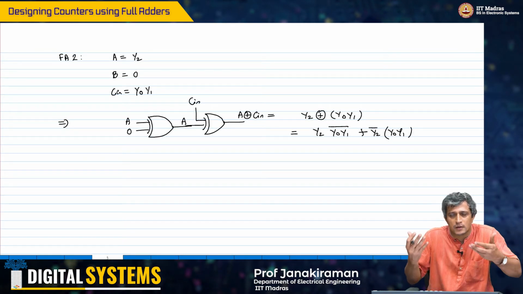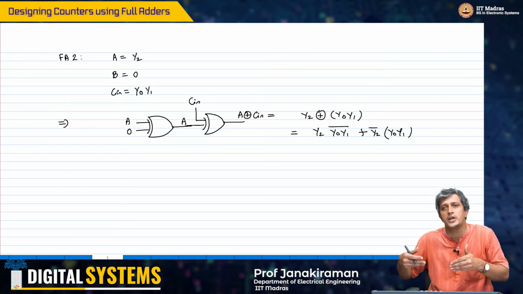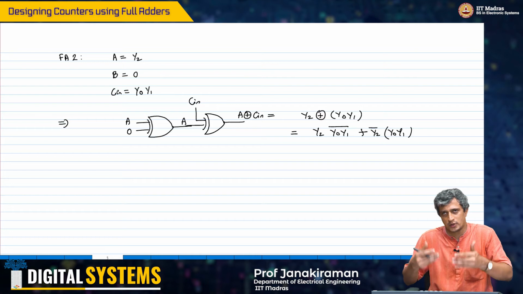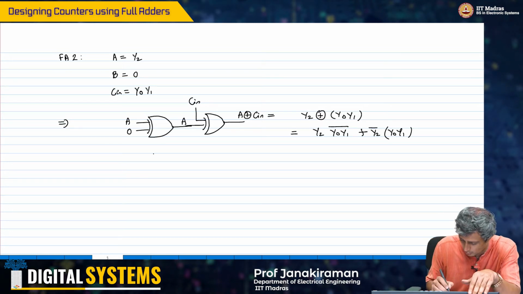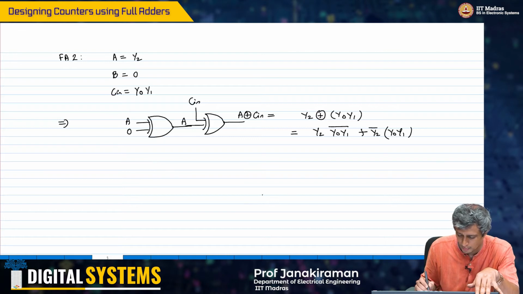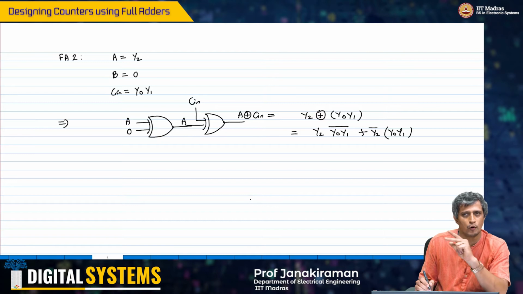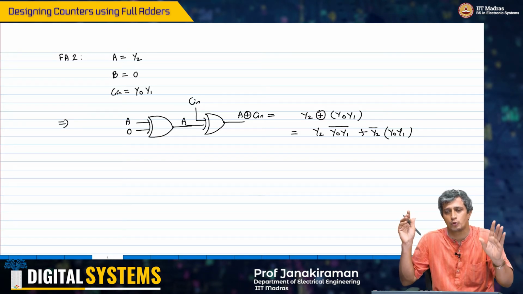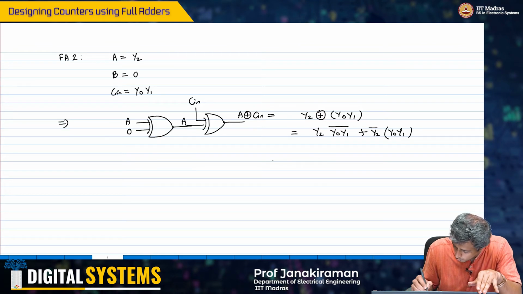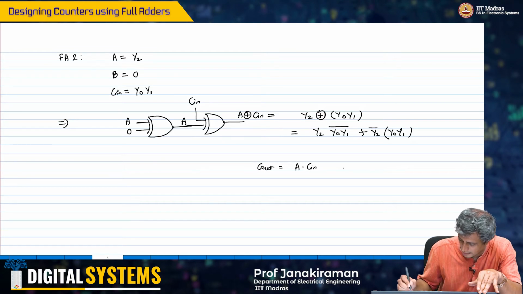Now let's suppose we were to continue this expression to figure out what is the C out, and suppose we had a 4-bit adder, what is the C out of this? So we can also evaluate that. Remember, B is 0, so AB plus BC, both of them are 0. You're just going to get A into C as the output carry out. So the C out of full adder 2 will be A and C in.